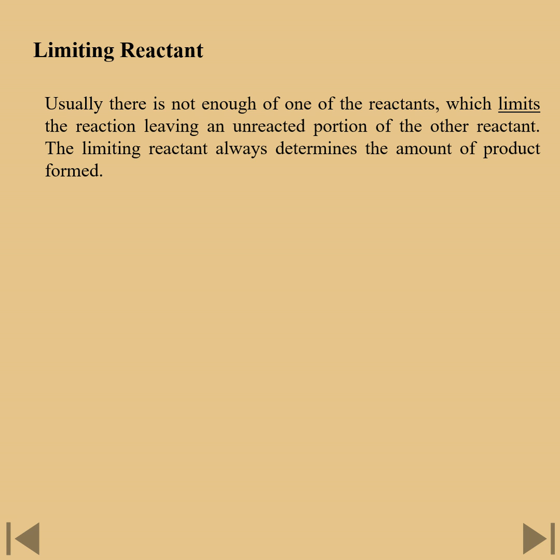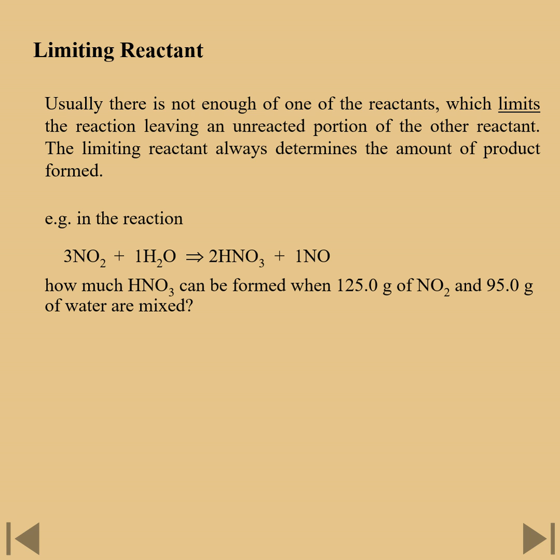So here's a reaction where nitrogen dioxide and water react to form nitric acid and nitrogen monoxide. And now we're asked how much nitric acid can be formed when 125 grams of nitrogen dioxide and 95 grams of water are mixed. Now first, I need to find how much of the nitric acid can I potentially form from each of these amounts.